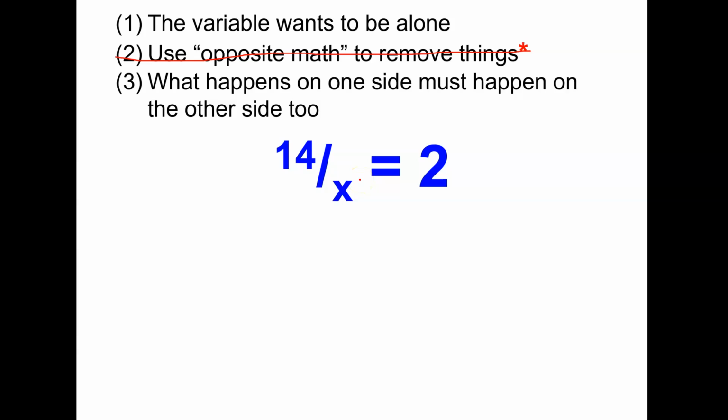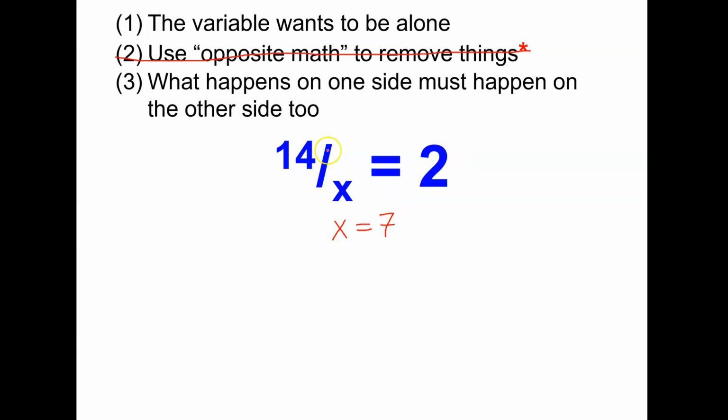Instead, we know what x has to be to make this work. 14 divided by 7 gives us 2. We know that our answer has to be 7. That's the only way this works mathematically. 14 divided by 7 is 2.